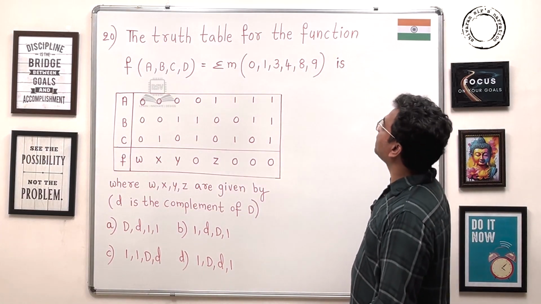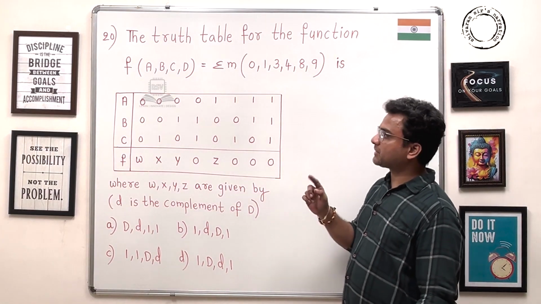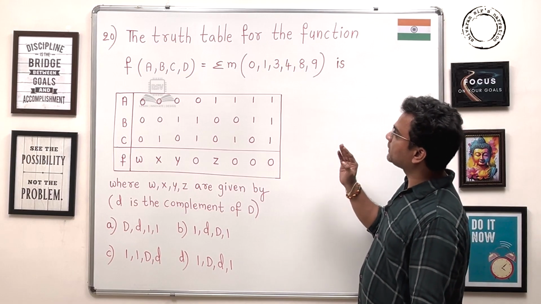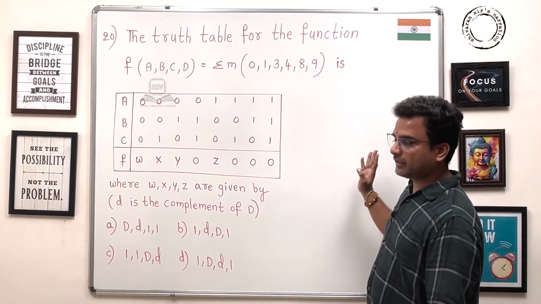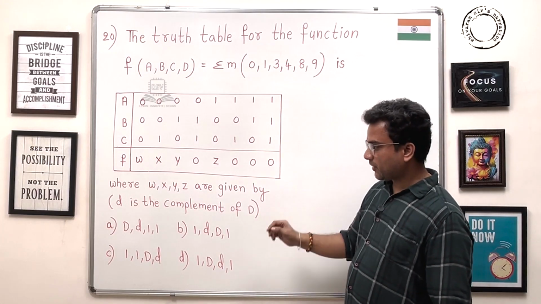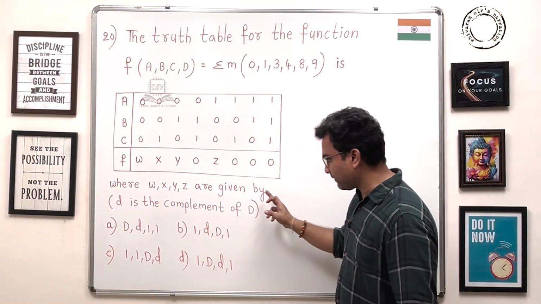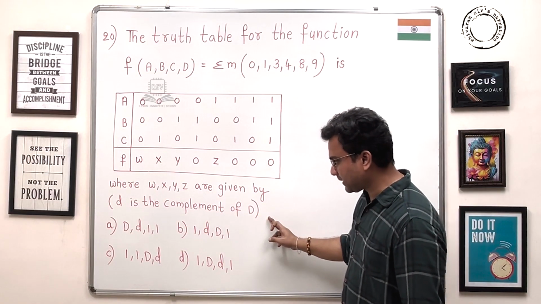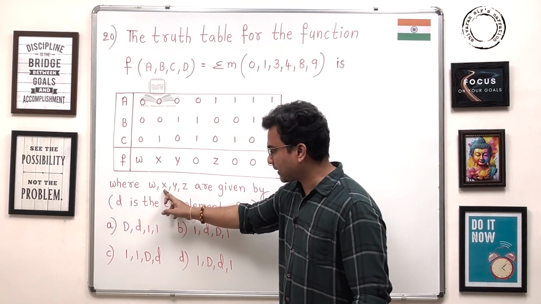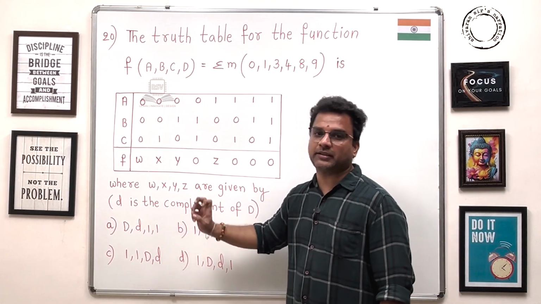The truth table for the function f of a, b, c, d is equal to sigma m of 0, 1, 3, 4, 8, 9. There's a truth table where w, x, y, z are given by d and the complement of d. Now we want to find out what is w, what is x, what is y, what is z.